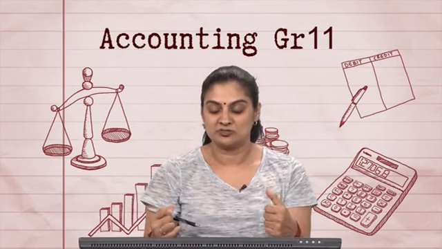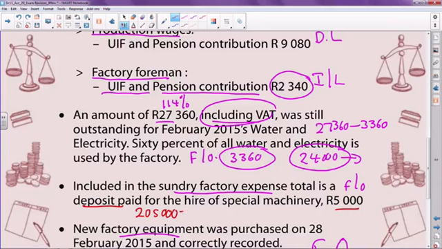You're going to get your deposit back. So my expense, 205,000, I need to obviously take out the deposit because that's not an expense, that's an asset. And remember, factory overheads, you only show expenses under factory overheads. So my sundry expense is an amount of 200,000 without the deposit.